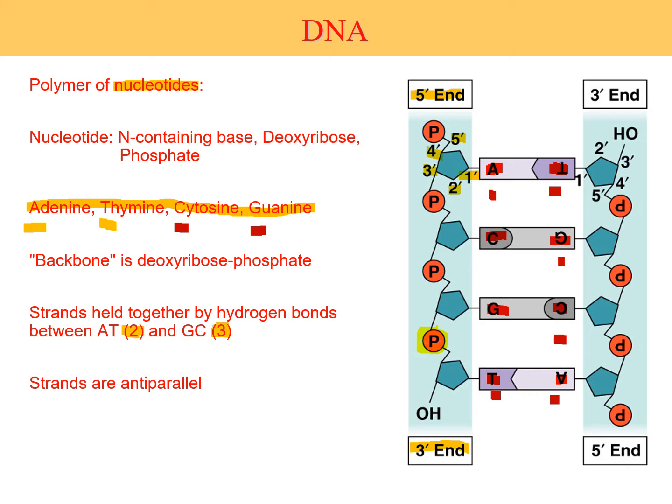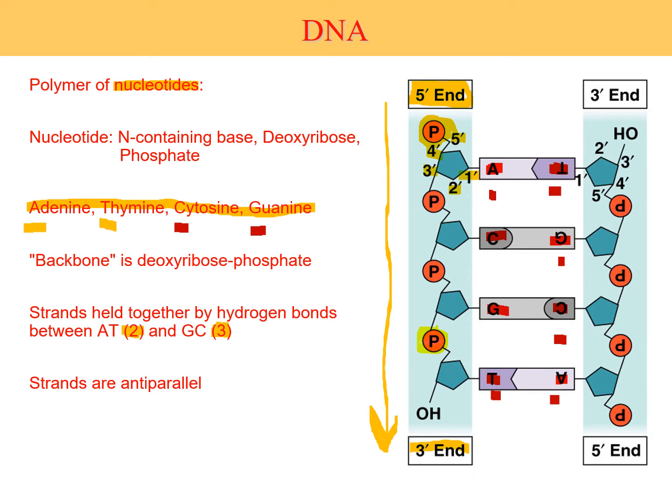They are pentose sugars, so they are not pentamers, they are pentose sugars, 5 carbon sugars or carbohydrates in which each carbon has a particular position, 1, 2, 3, 4, 5. If the last phosphate is attached to the 5 carbon, if this is the very end of it, then this will be the 5' end of this polymer strand here.